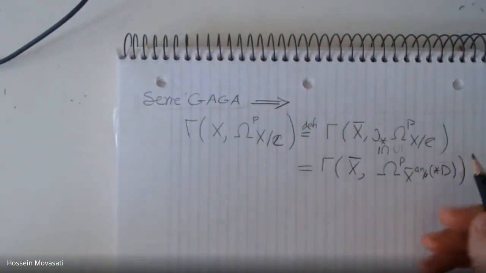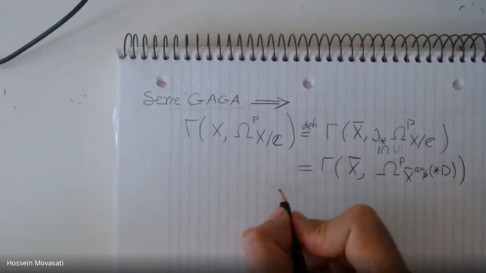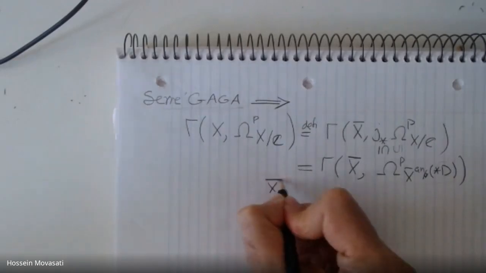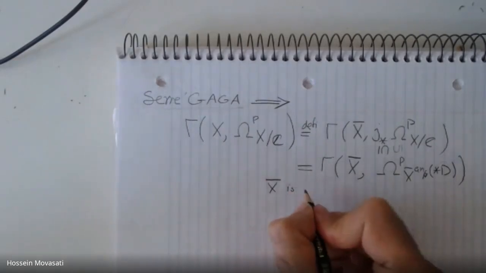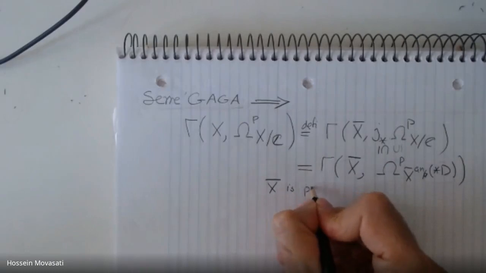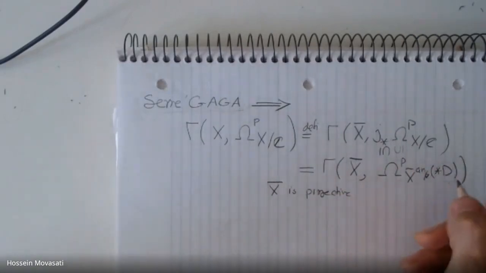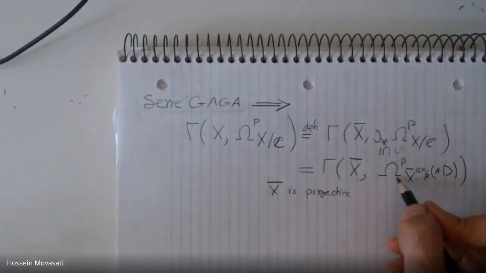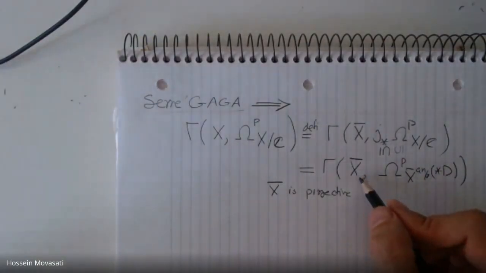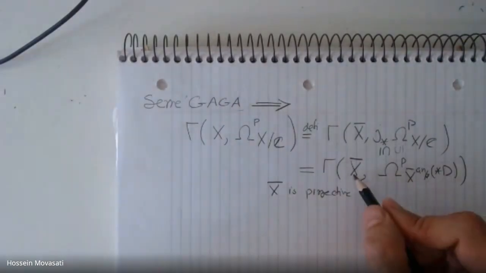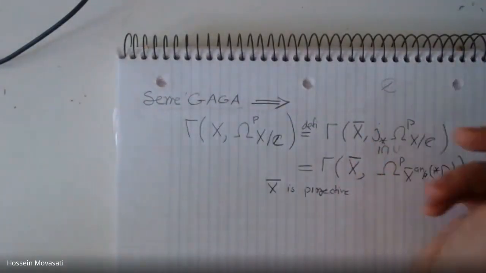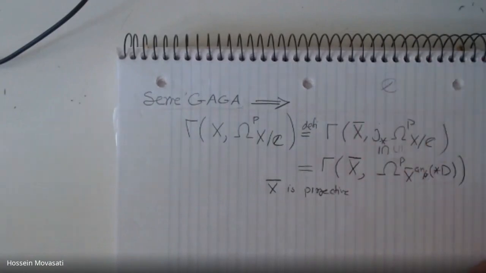Here we use the fact that X bar is projective. For example, of course, this is not true if X bar is affine. For example, in C we have holomorphic functions which are not at all polynomial.